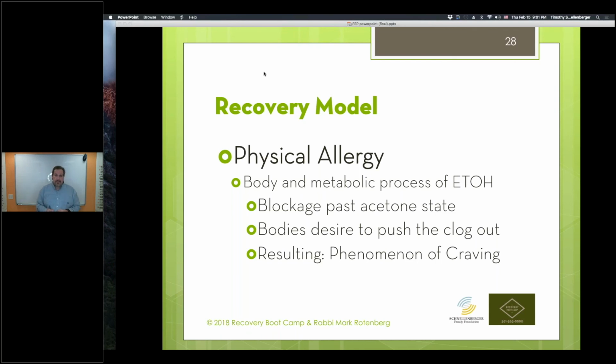It is a continuum of disease, which is what necessitates a continuum of recovery.